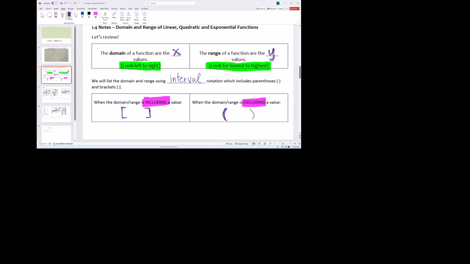So if it excludes it, it's the parentheses. All right, so domain is the x values. We're going to look from what to what? Left to right for the domain, and the range values we're going to look lowest to highest, okay?